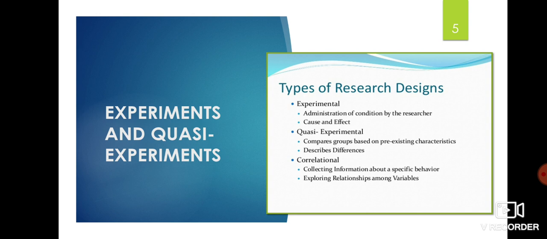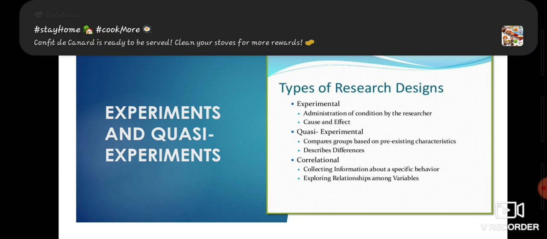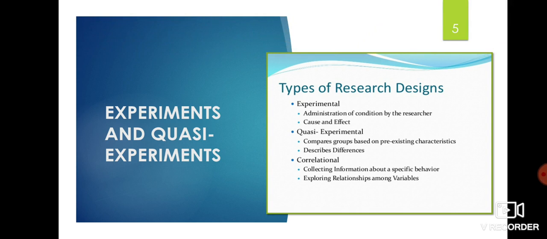Ulitin natin class ha, kapag experimental or true experimental, the researcher has a 100% control over the independent variable. Sure siya na kapag ginawa niya yung experiment, ang dahilan ng isang behavior or pagbabago ng isang dependent variable is yung kanyang conditions.